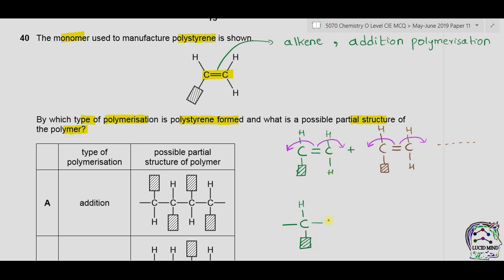Then on second carbon we have 2 hydrogen atoms. Now double bond is converted into single bond. The new bond formed between these two will be this one. Then we have this carbon atom having hydrogen and box. Then this carbon atom having 2 hydrogen atoms, and double bond has been converted into single bond, and this carbon is making further single bond.